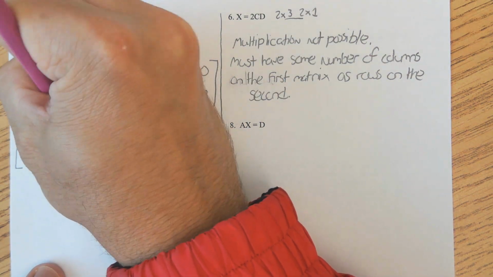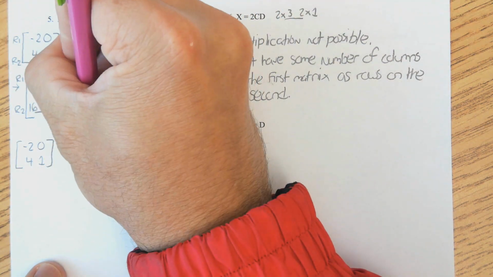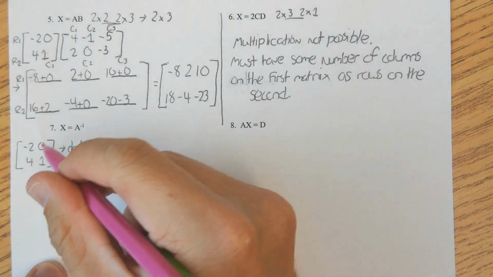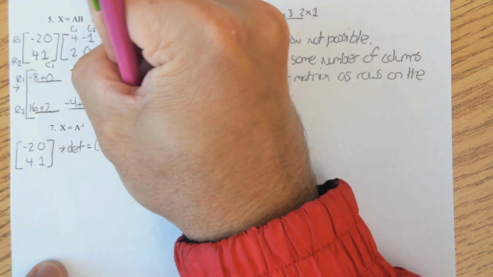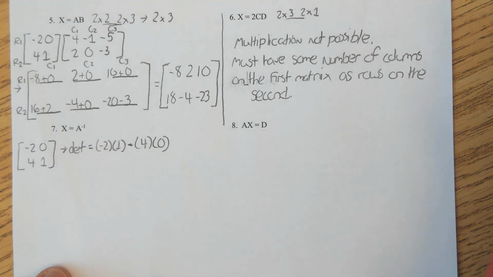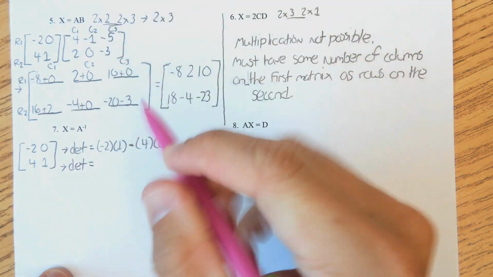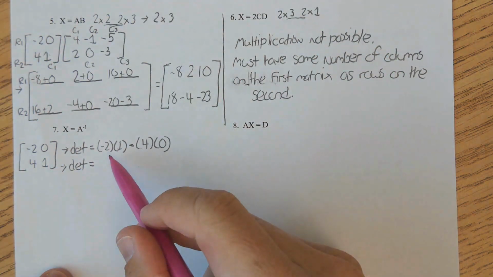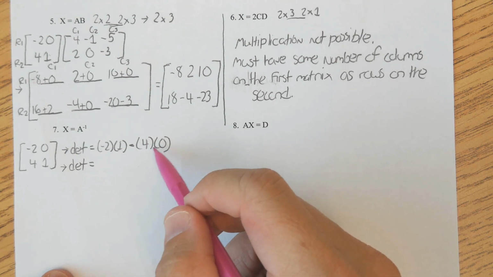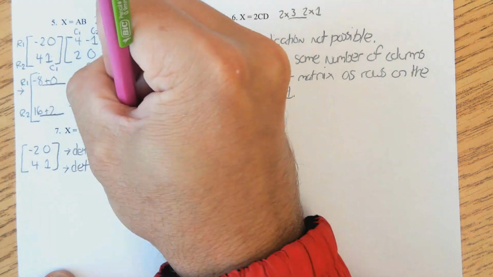So the determinant, remember, is equal to A times D minus C times B. So it's going to be negative 2 times 1 minus 4 times 0. So then the determinant equals negative 2 minus 0, which then equals just negative 2.